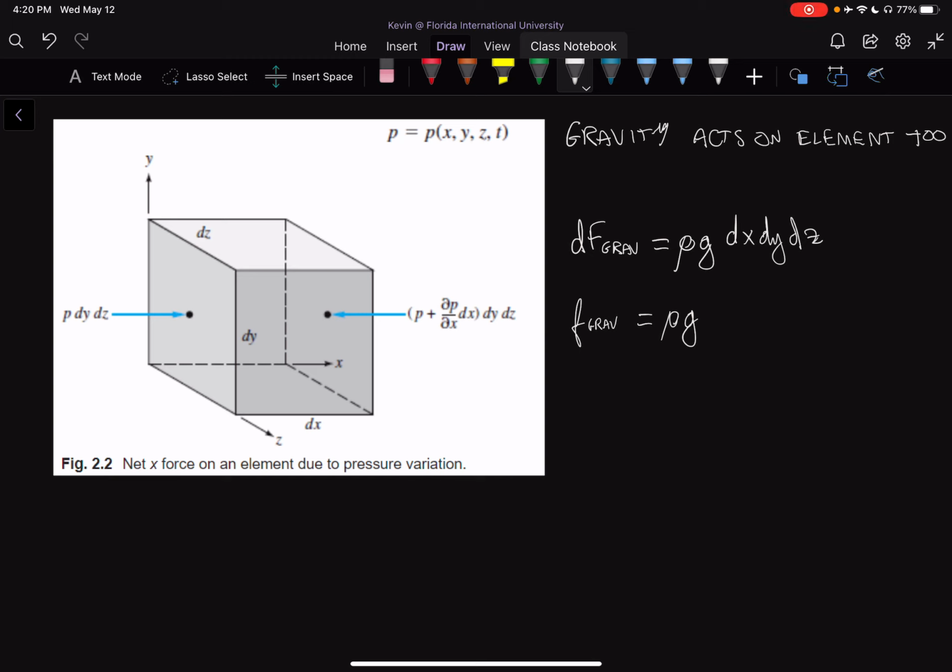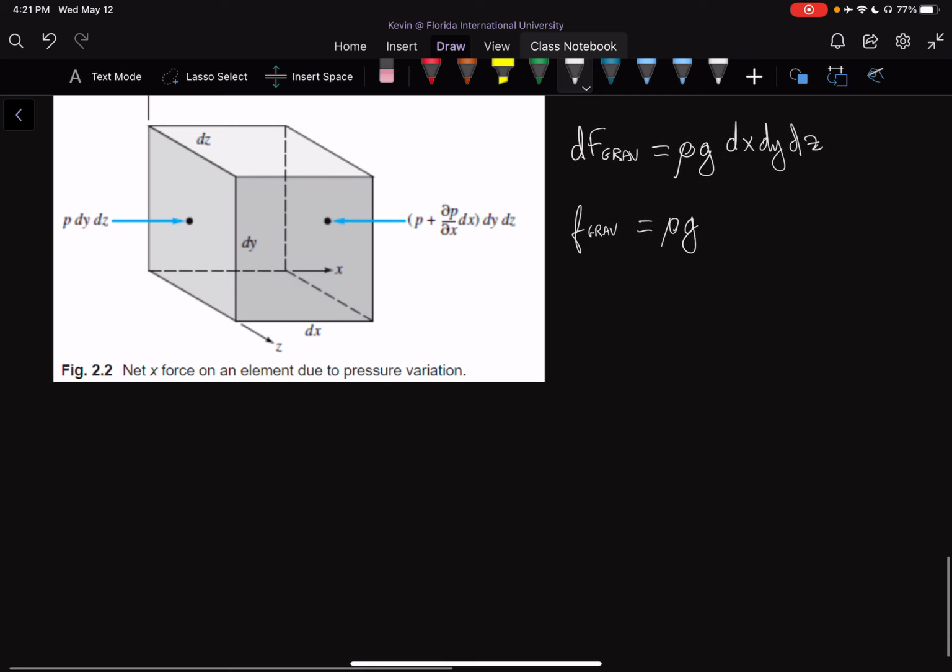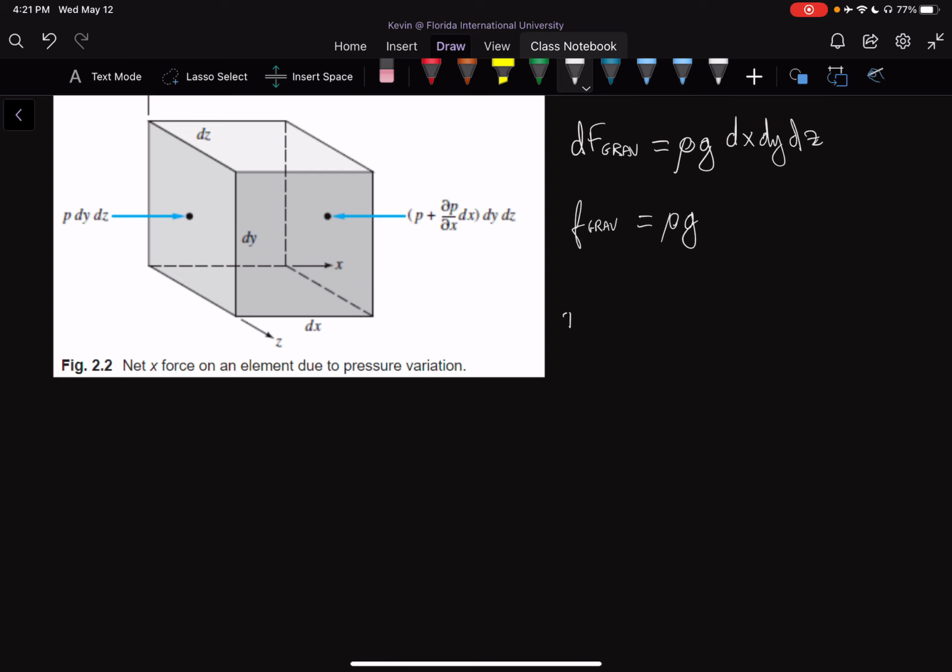If we go even further than this, we can say that in addition to gravity, we could have another force if the fluid is in motion.